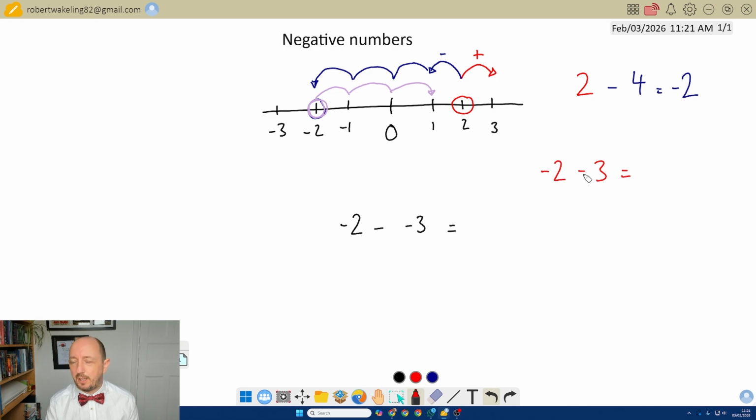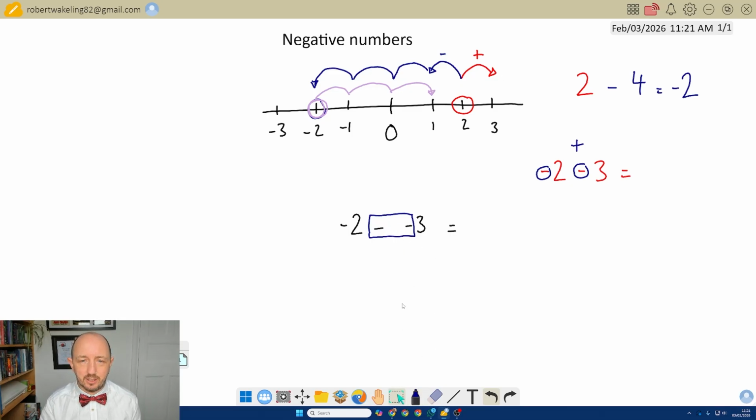Okay, so let's see an incorrect use. Minus 2 minus 3 means start at minus 2 and go left by 3 because it's minus 3. But a student often will see a minus and a minus and think this is going to turn into a plus because they use the rule minus and a minus is a plus. This is the incorrect use of that rule because it's only used when the two signs are kind of in contact with each other here.